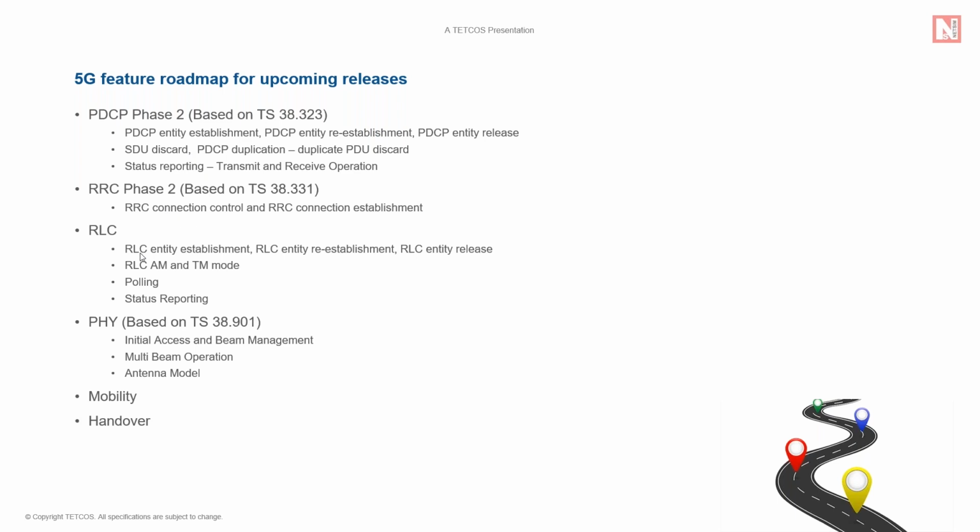The RLC entity, RLC AM and TM mode, polling and status reporting. And in the physical layer, based on the standard 38.901, we will be adding beamforming, multi-beam operation, and multi-antenna MIMO models. We will also be adding mobility to the UEs as well as handover between multiple gNBs. These are expected in the subsequent releases in the second half of this year.